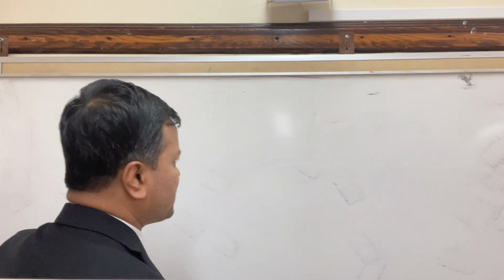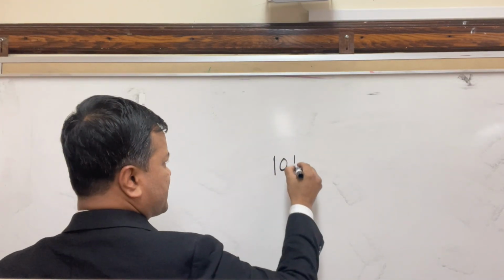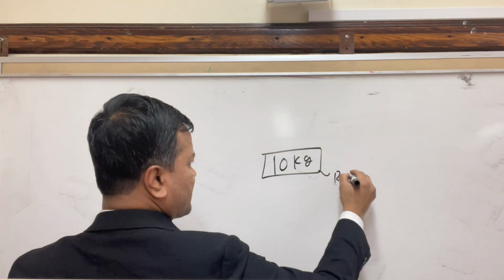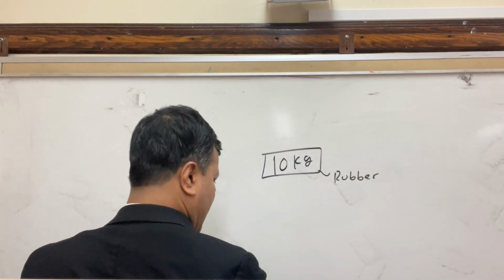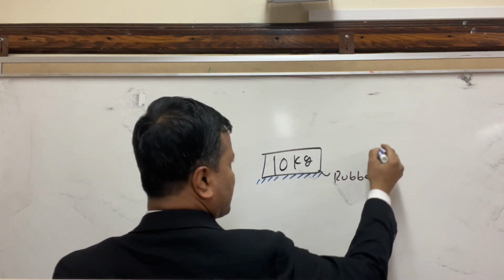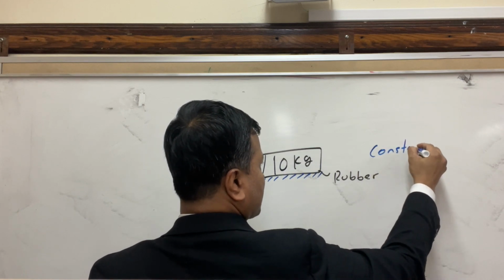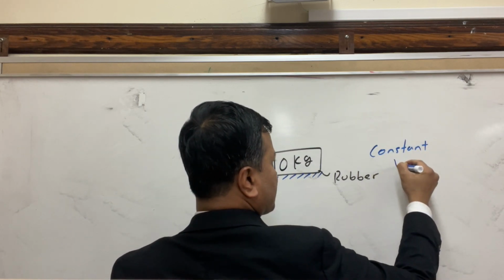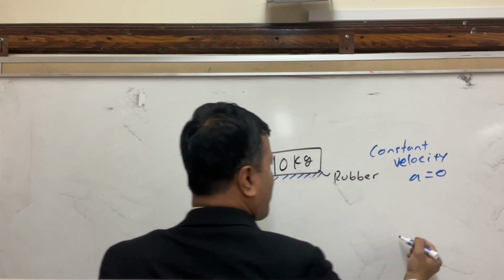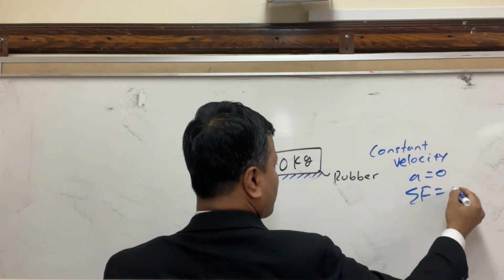Problem number 2. In problem number 2, you'll see a 10 kilogram object. This is a rubber on ice. Rubber is moving with constant velocity, meaning the acceleration is 0, meaning the net force is 0.